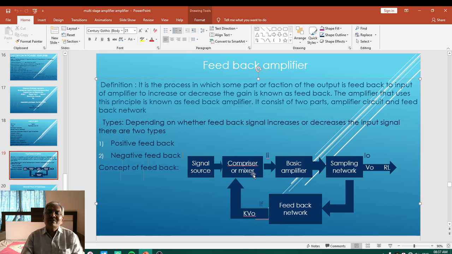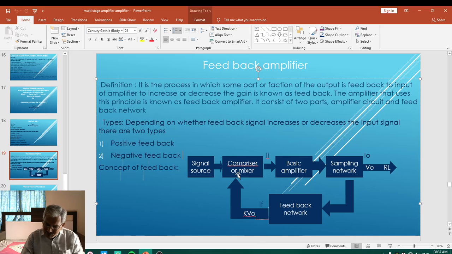In the comparator or mixer, 2 signals, that is the signal from the source which is expected to be amplified and the feedback signal picked up or sampled by the sampling network, are compared or added. If it is added, it is done by using mixer circuitry. If it is compared, it means it is subtracted by using comparator circuitry. Both the aspects are included in this block diagram.